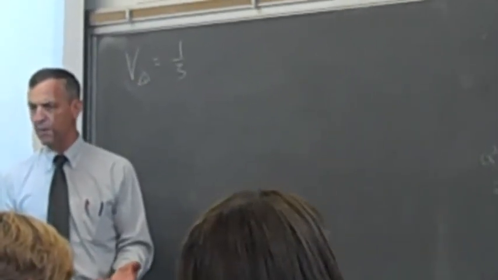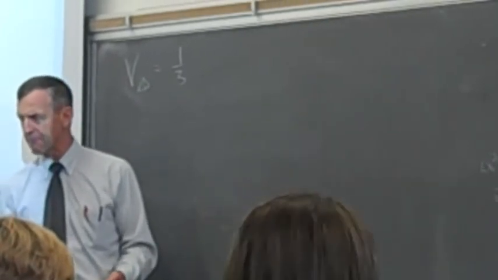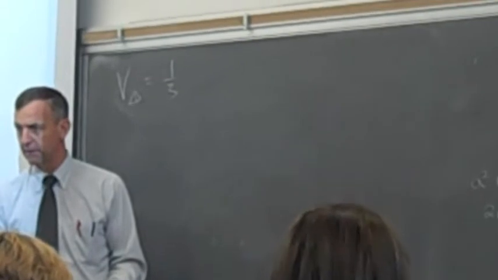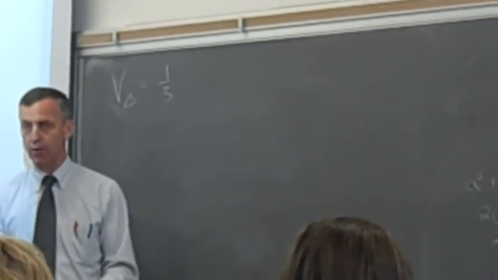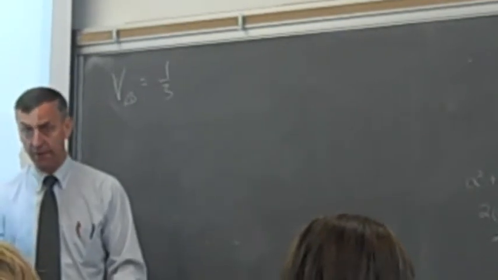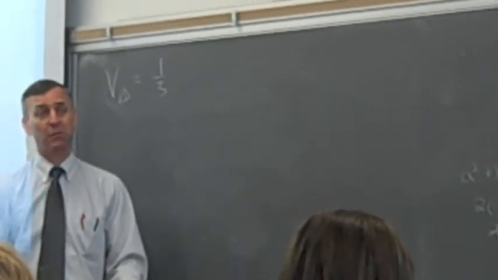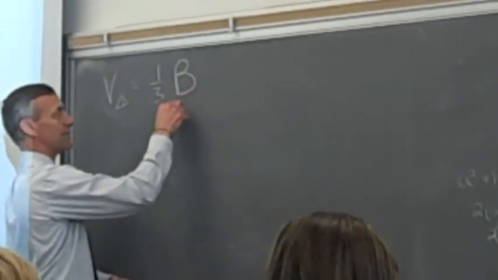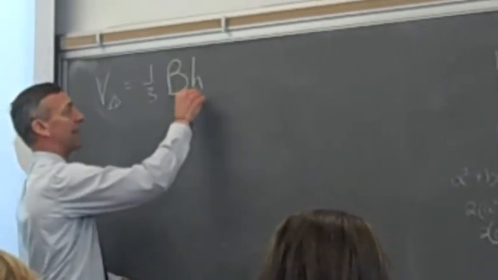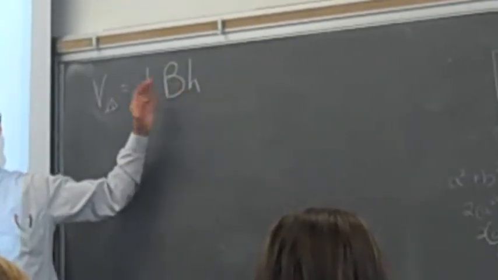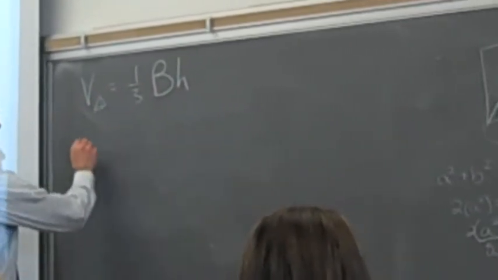Well, what's the prism formula? We've got that earlier. Base area, which for a rectangular one would be length times width, but with a triangular one it would be 1/2 bh, little b, h. But whatever the base area is, capital B, times the height, right? So 1/3 of that will give us our pyramid.